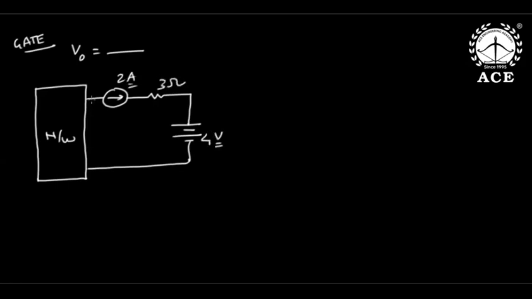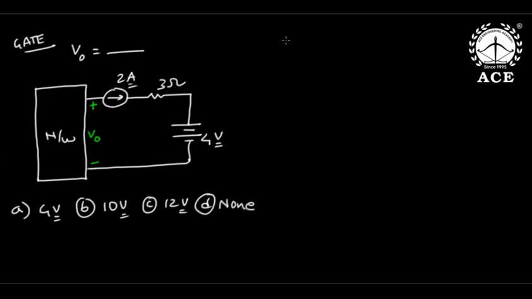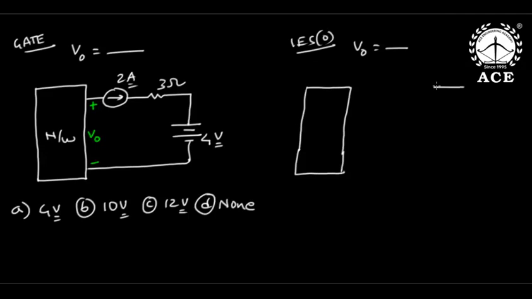Now carefully watch, I need this voltage across this box, V naught. But I'm giving interesting options here. Option A, 4 volt. Then I'm giving an IES objective. Here also, what is V naught?